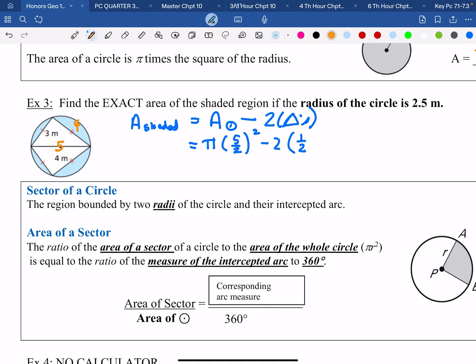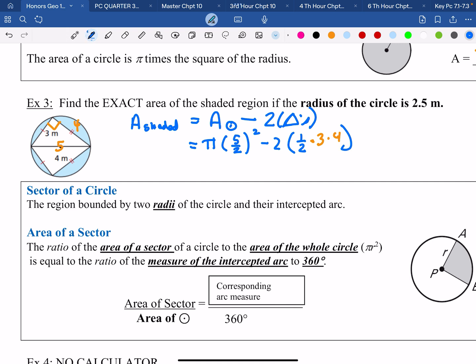Okay, so we have a right triangle. So that means that we can find the area of this right triangle, and we could take these two legs, which would be your base and your height. Or if you recall, we learned 1/2 of leg times leg. Okay, so the area would be 1/2 of 3 times your 4.